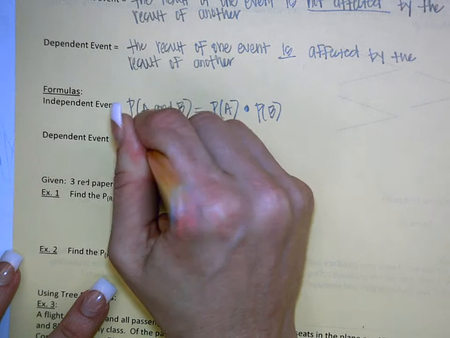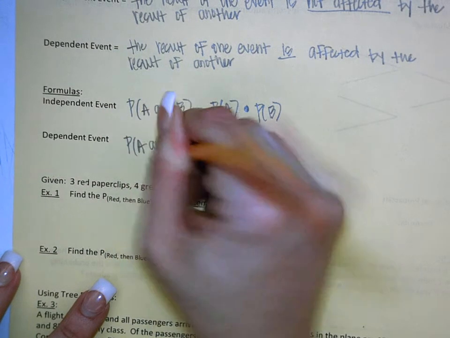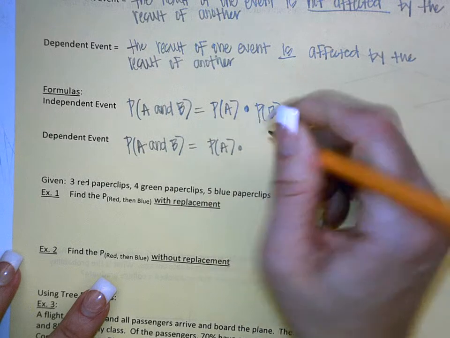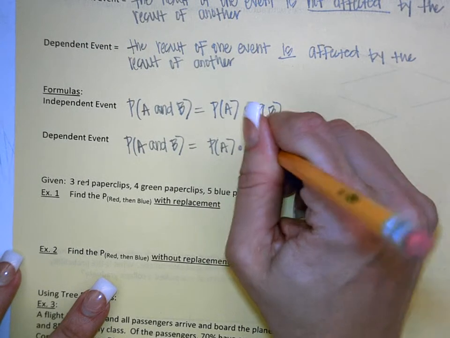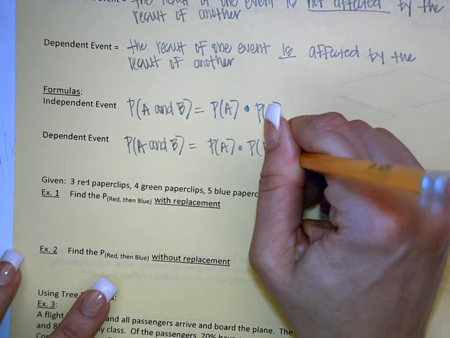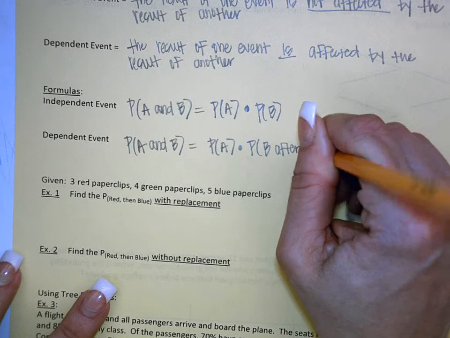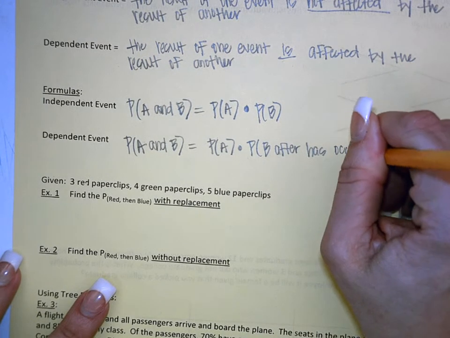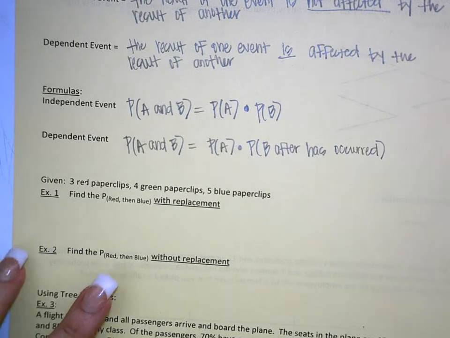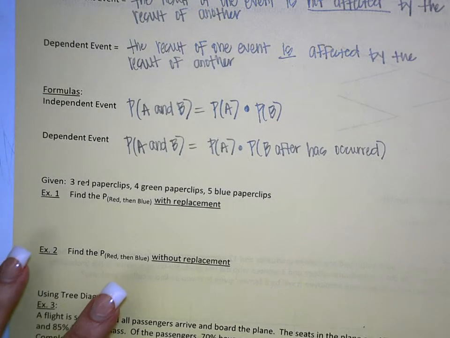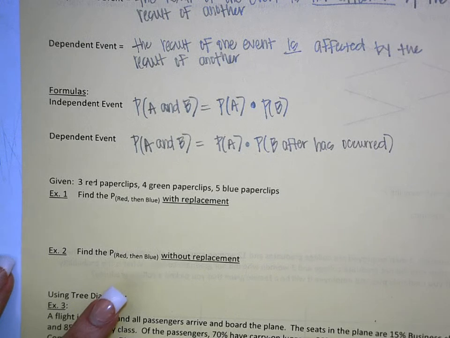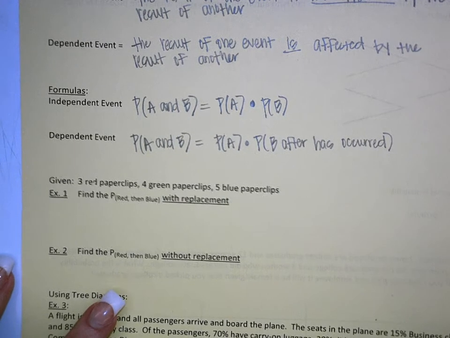Still probability of A and B is equal to the probability of the first thing happening multiplied by the probability of B after A has occurred. So it's dependent because one thing still has to happen before the other one. They're still both multiply, not too big of a difference.